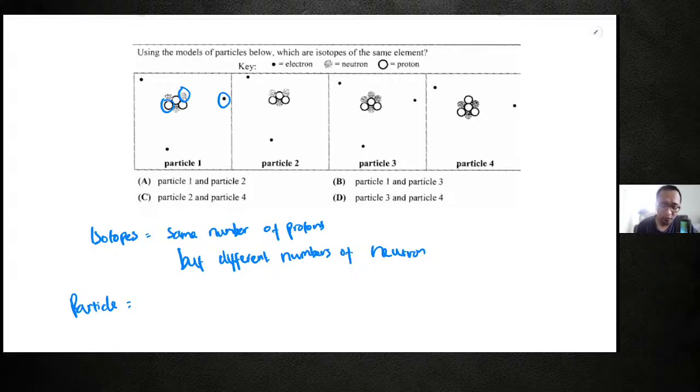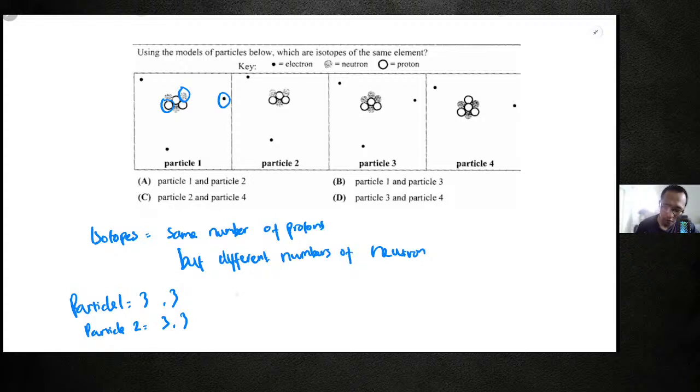So for particle one, the number of protons over here is 3, and the neutron is also 3. Particle 2, we can see the proton is 3 as well and the neutron is also 3.